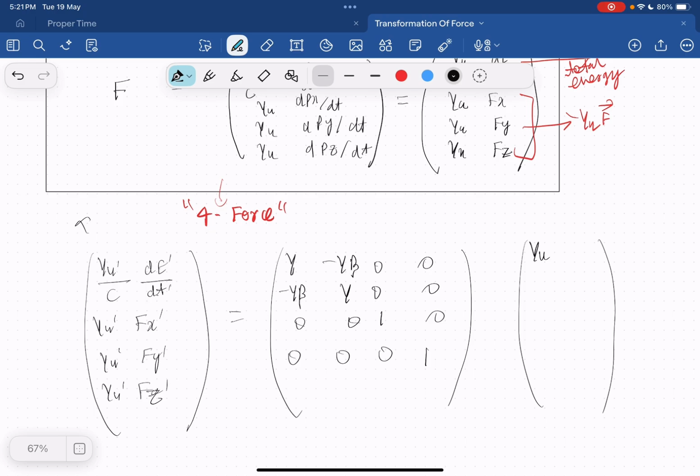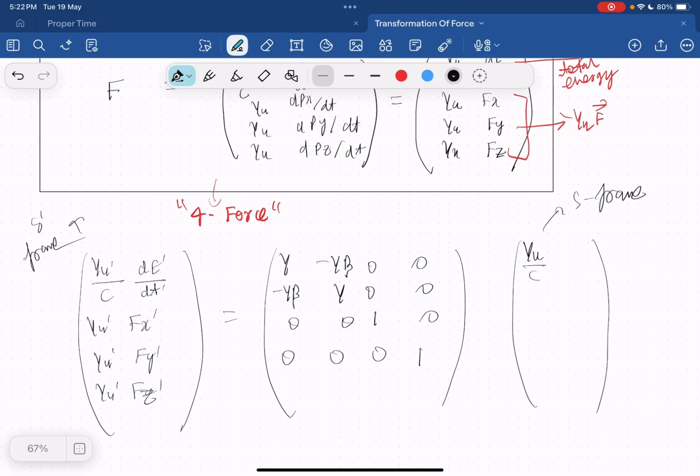So this is in S prime frame, and this is in S frame. This is gamma u by c dE by dt, gamma u fx, gamma u fy, gamma u fz.